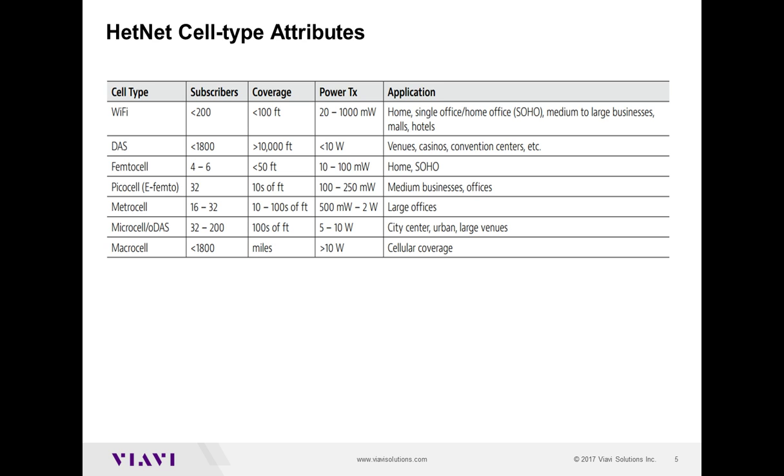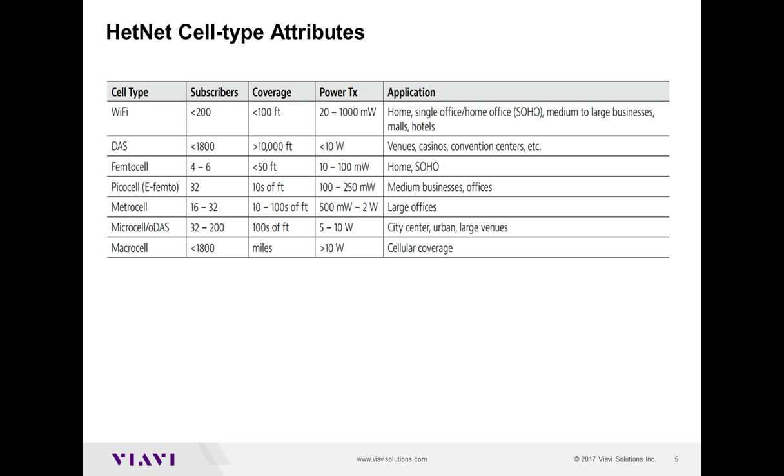So you have Wi-Fi's, which you will typically see in a single office, home office type situation, or medium to large businesses and malls and stuff like that. The power is limited. The coverage is also limited. Although there is a significant number of subscribers that do get support from Wi-Fi. DASs are typically for large venues, as you can see, greater than 10,000 square foot.